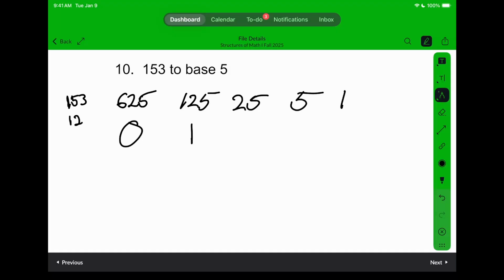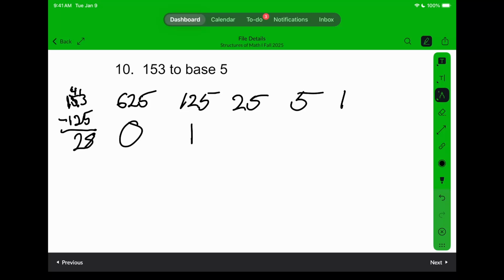So 153 minus the 125: 13 minus 5 is 8, 4 minus 2 is 2, and 1 minus 1 is 0.